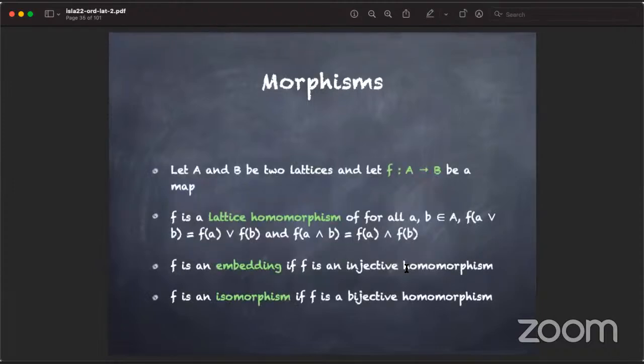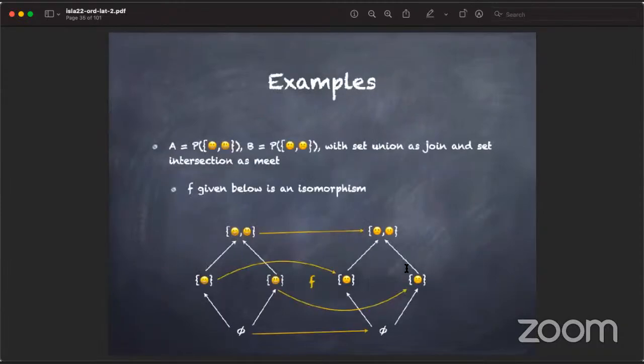Once again, as usual, f is an embedding if f is an injective lattice homomorphism, and f is an isomorphism if f is a bijective lattice homomorphism. So these are all as usual. And we are back to our happy face and angry face example.